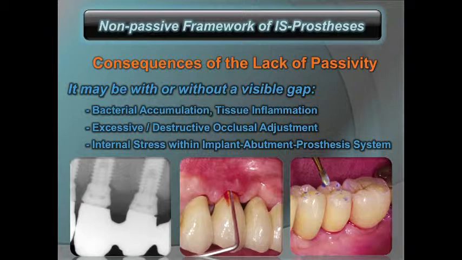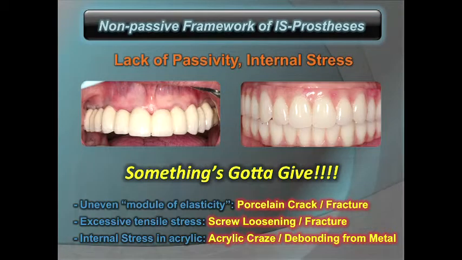And of course, the internal stress will be inside the implant abutment prosthesis system. So you are tightening it, this stress is going to be transferred to the whole system. What's going to happen? Well, this stress is going to be transferred and something's got to give.